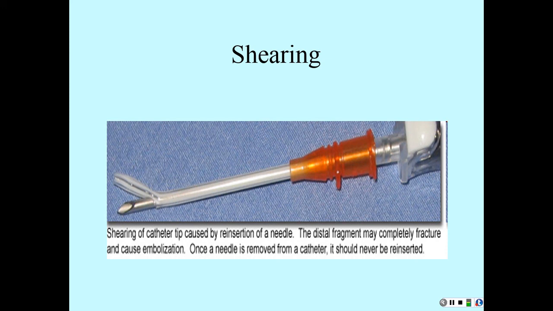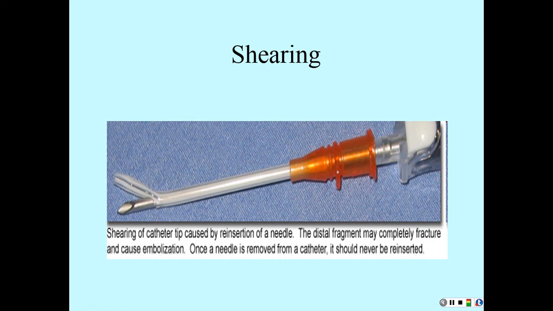Now, when we have an embolism, that means it's moving. When we have an embolus, it can be from air, it can be a blood clot, or, remember I said, it can be part of the catheter. You can shear off the tip of your IV catheter. I'll show you this tomorrow.